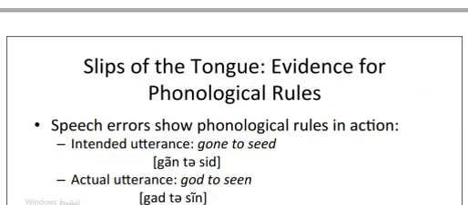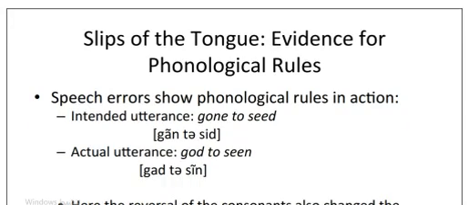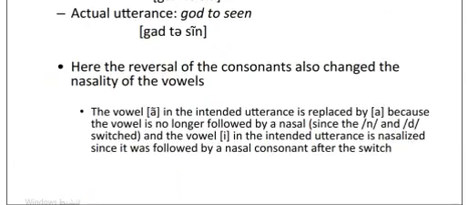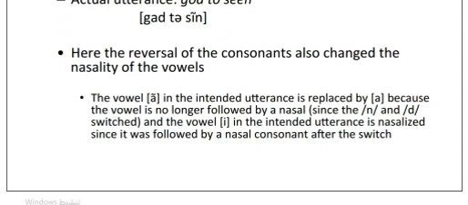Slip of the tongue. Slip of the tongue is a very, very important point for phonology. If we need to look at it, it's like ganaseed, or gantaseed, how the American pronounces it, and got to seen. So here we have speech errors, and we have to recognize these errors by calling them slip of the tongue.